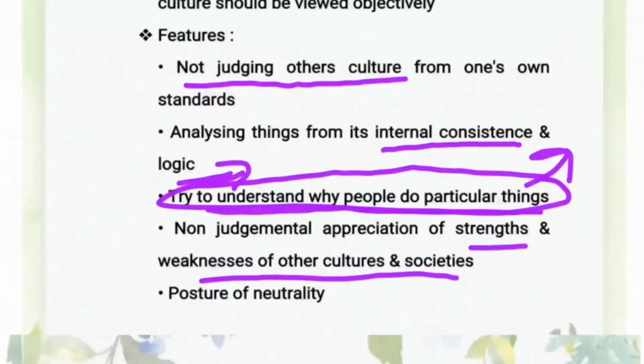That means beef eating among non-Hindus and cousin marriage in Islam should be viewed in its own logic. What actually was the logic behind them? Why are they following the particular activities? We need to understand that logic, and if we are not understanding it, at least we should view it through the logic the person practicing that is giving. This is the neutrality posture we need to adopt.